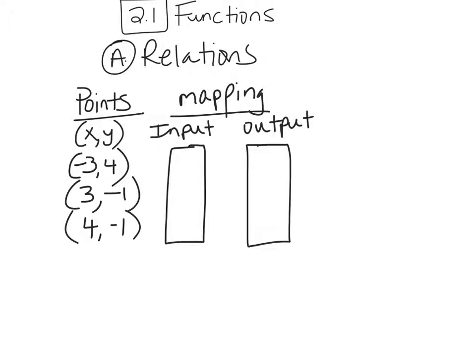And so let's just use the same points that we did for the points relationship. Your input would be -3, 3, and 4. The X values are going to be the input. And then the output would be the Y values, which are 4 and -1.